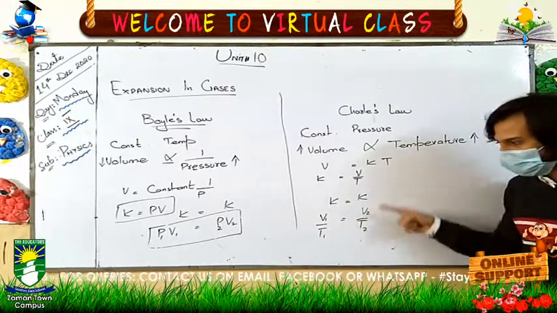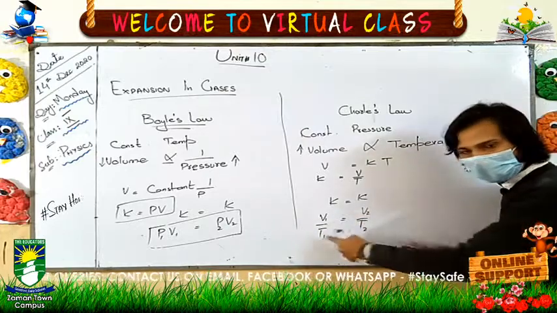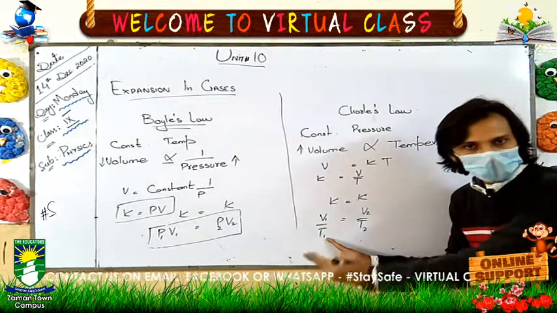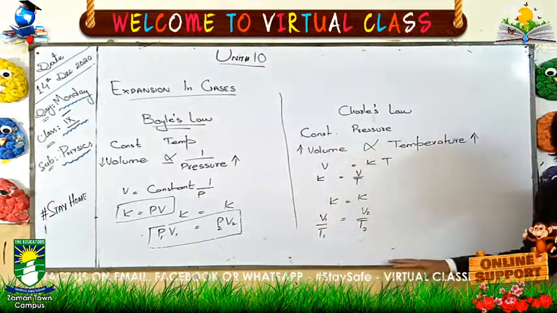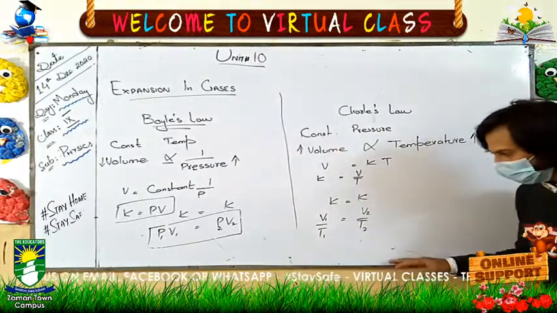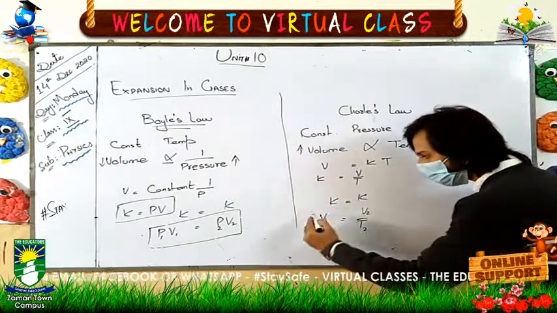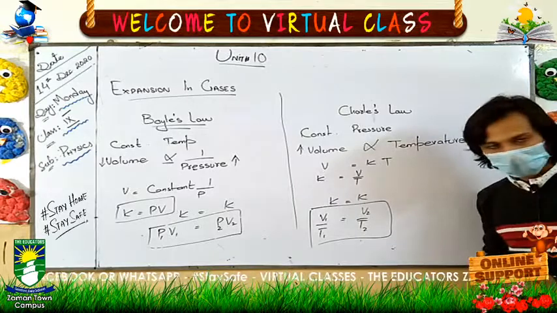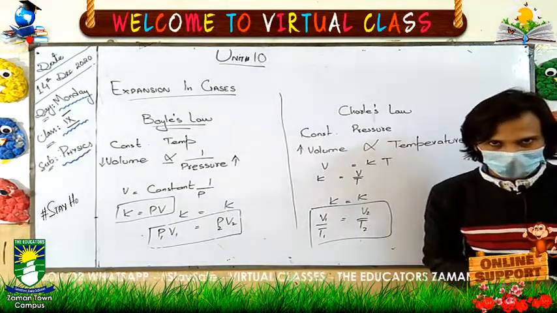So V upon T, I am putting 1 for the initial one and 2 for the final one. Getting? So this is the relation, and it is the same: if we have any three values from them, we can find the fourth one easily.